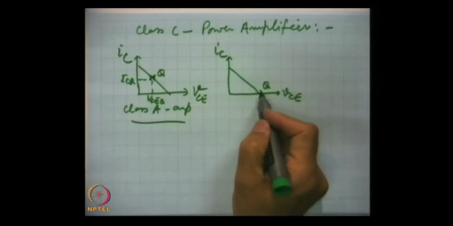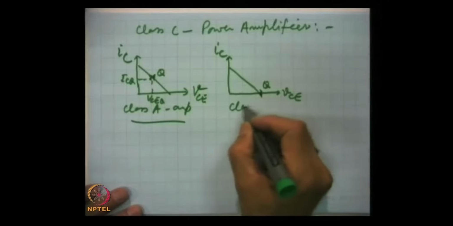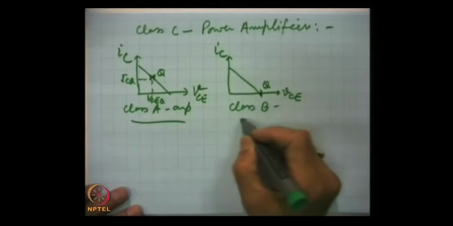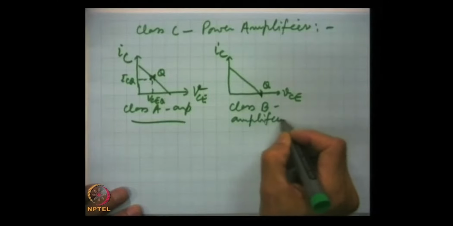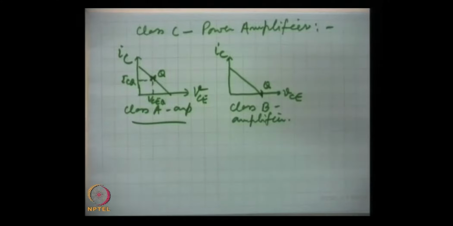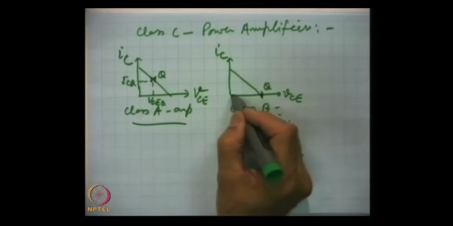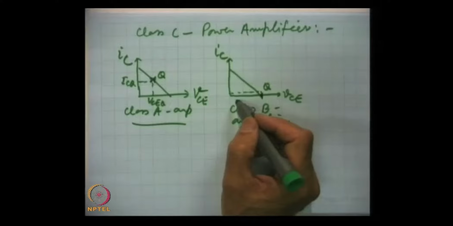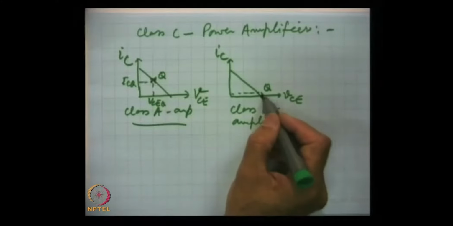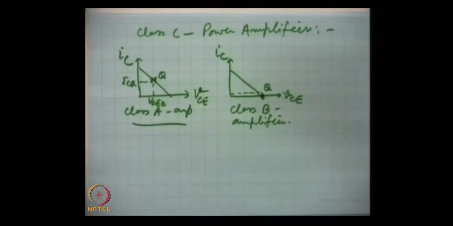In class B operation, when there is no signal, ICQ is 0. Even in AB operation the trickle current is very small, but let us keep the operation pure B operation. So there is no current, and hence the collector circuit is not taking any power from the DC source, and that is one reason that the efficiency is high.